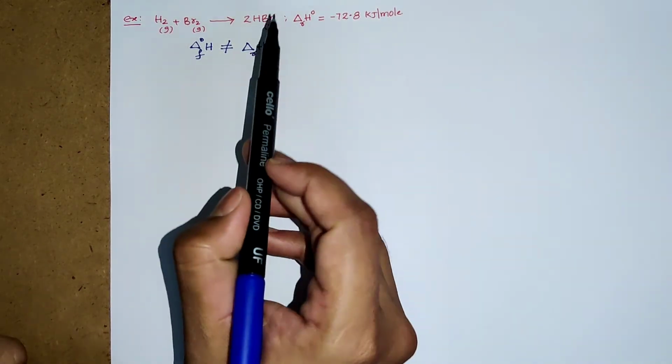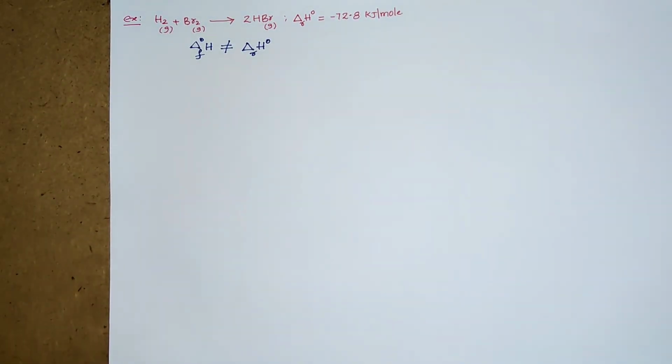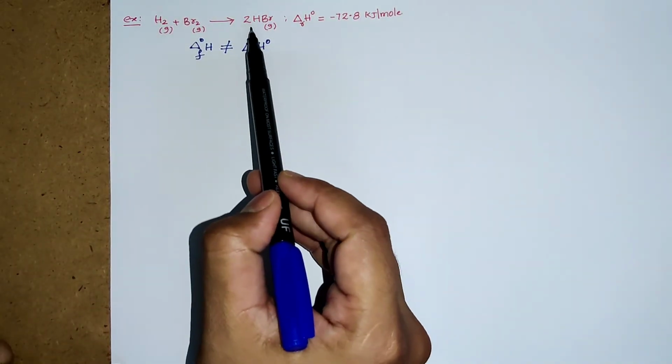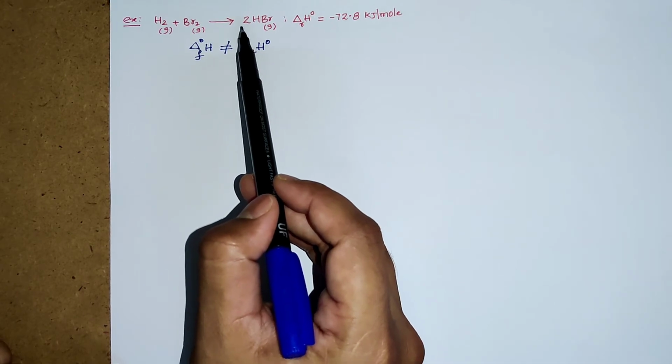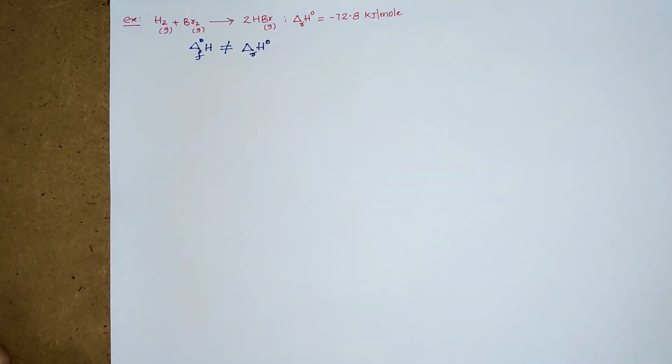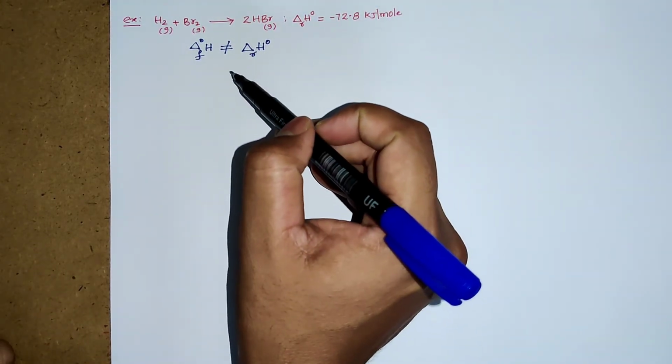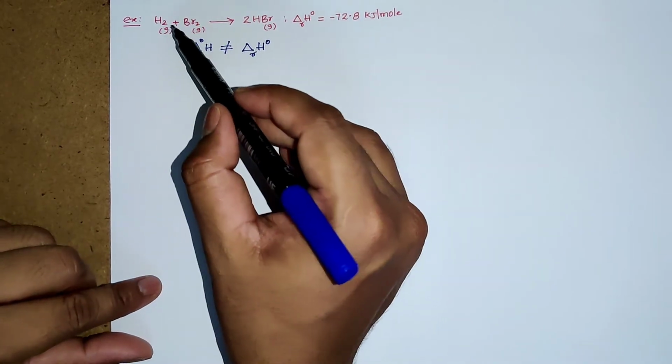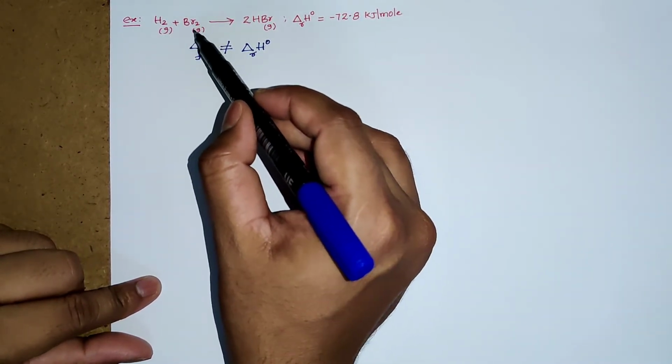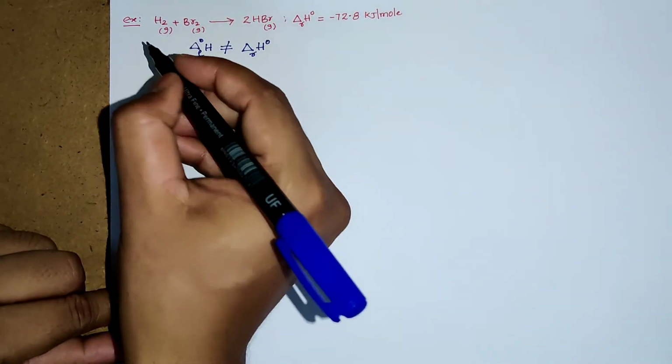Why? Standard enthalpy of formation means 1 mole of a substance has to be formed. But here how many moles of substance are formed? 2 moles of a substance are formed. So that's why this is not equal to the standard enthalpy of formation, even though it is formed from its constituent elements, because here 2 moles of a substance are formed.